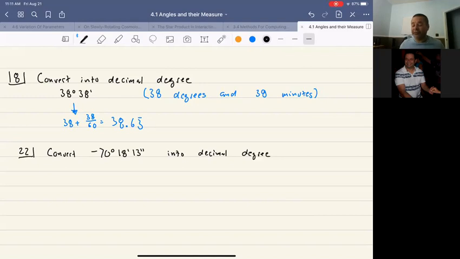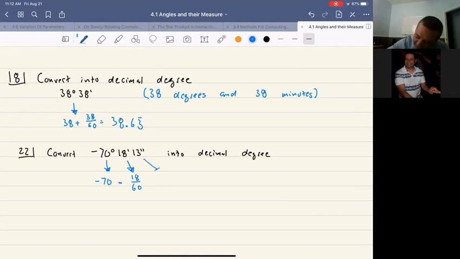Okay, so of course the negative 70 is coming down. Now, a little bit careful. I'm not going to plus, I'm actually going to minus because I have the minus in front, but I'm going to consider this as 18 over 60, just like before, and minus since it's all negative.